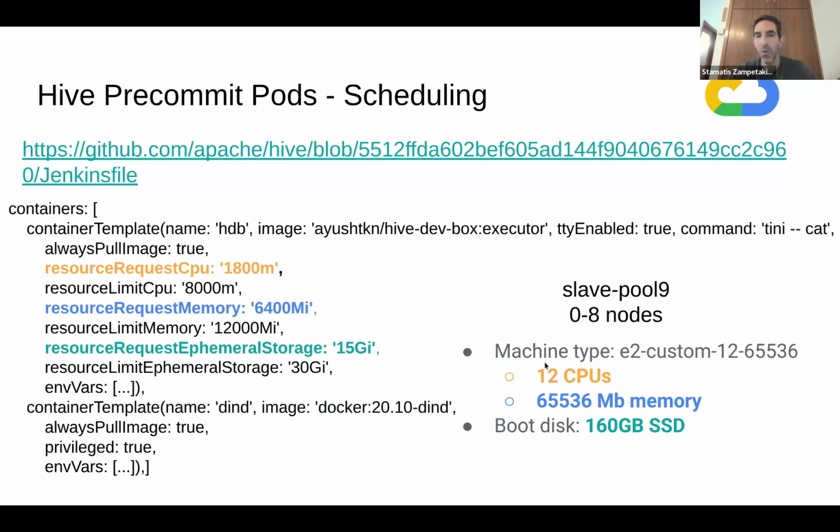If we go back to the machines that we have available, if you recall from before, each node has 12 CPUs, 65 gigabytes of memory, and 106 bytes of disk space.